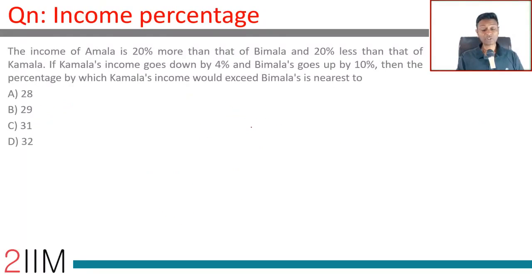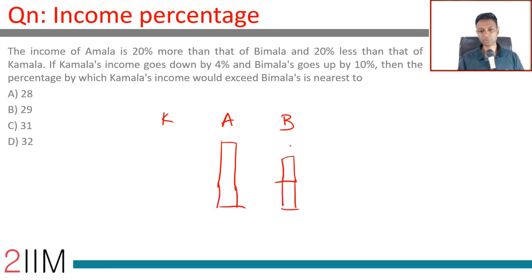The income of Amala is 20% more than that of Bimala and 20% less than that of Kamala. Amala, Bimala, Kamala. Let's say Bimala is B, Amala is 1.2 B. And 20% less than that of Kamala.